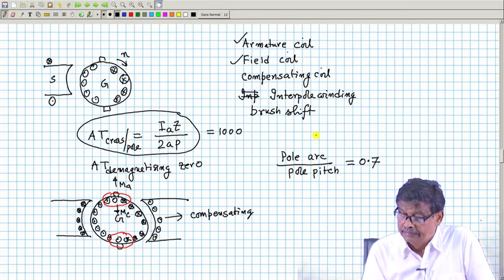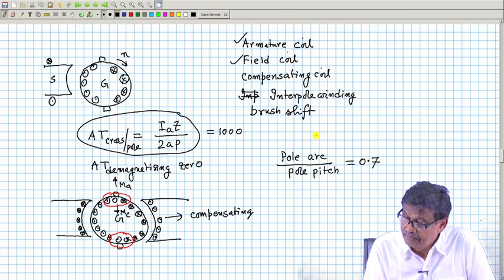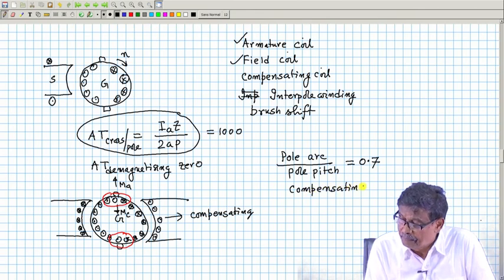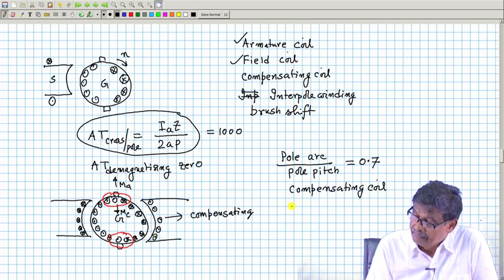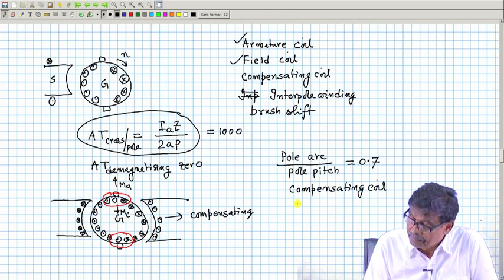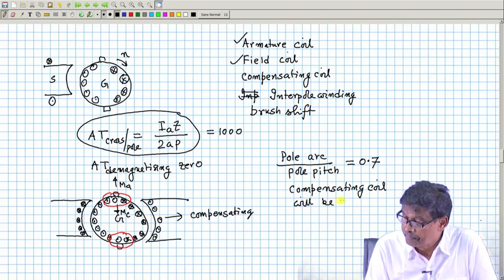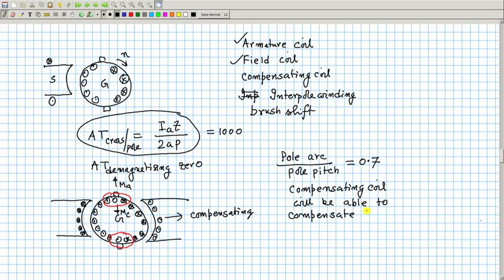Then this compensating coil will be able to compensate for 0.7 times 1000, that is 700 ampere turns, because they are in this vicinity close by.